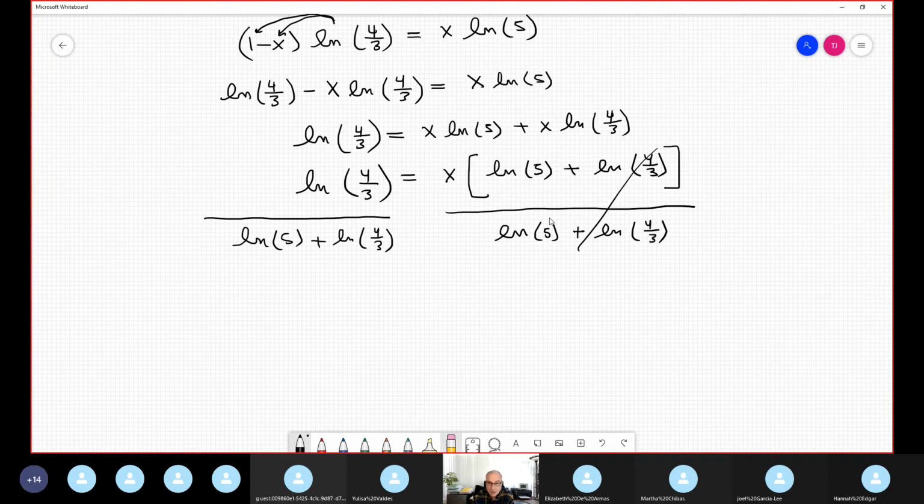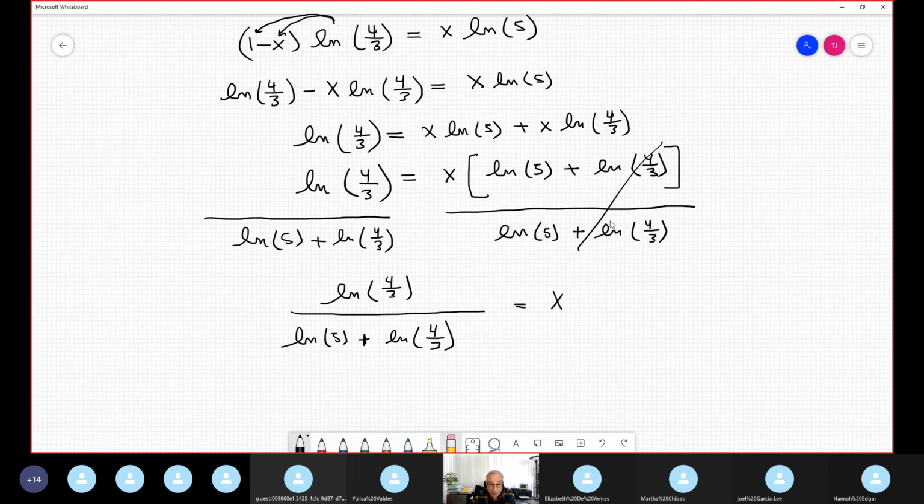Now this cancels out. This is just x. And my goal is x equals ln 4/3 divided by ln of 5 plus ln 4/3.